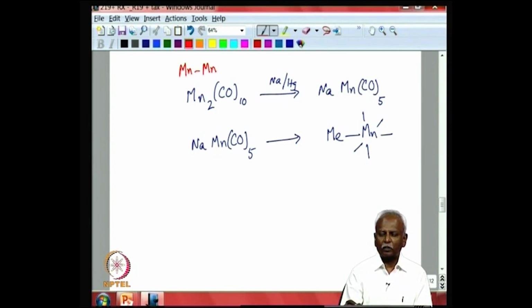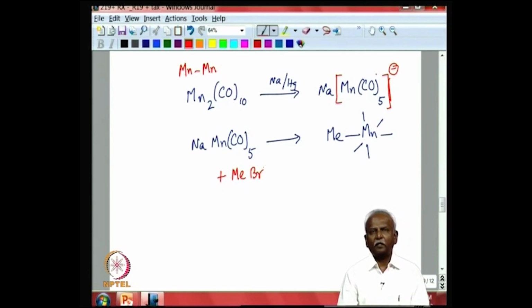So, the sodium salt of Mn(CO)5 minus is readily formed in this process, and this Mn(CO)5 minus is a nucleophile, and it can react with methyl bromide and generate a MeMn(CO)5 species.